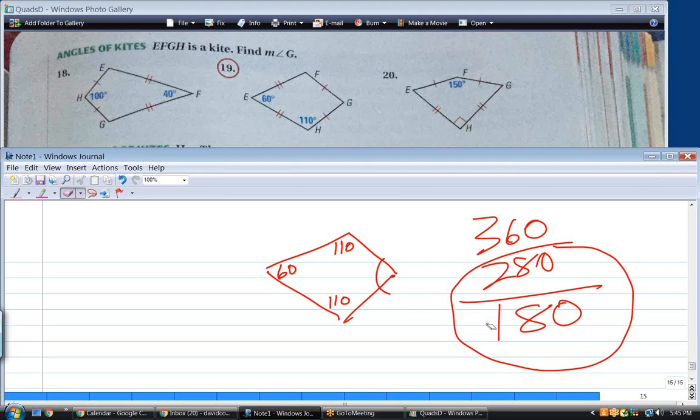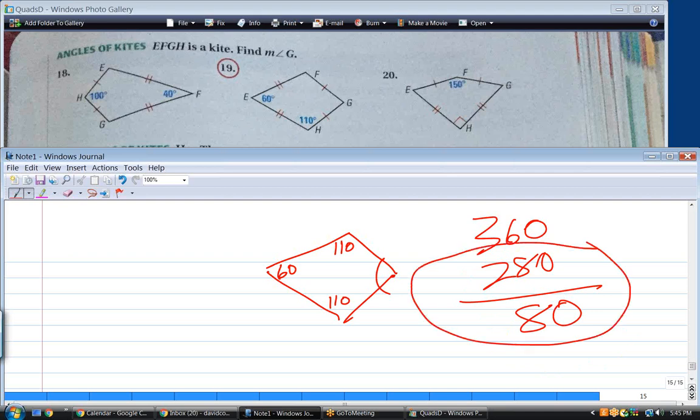So when you're doing subtraction, especially without a calculator, always do a quick check to make sure those two add to that one. You can always double check it. It's always good in all math.